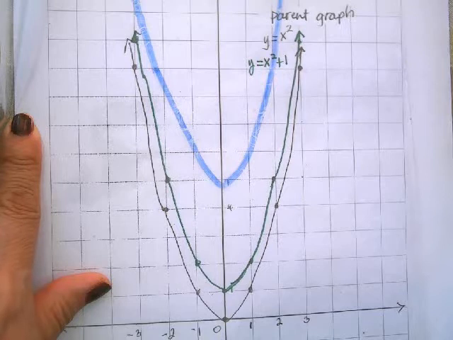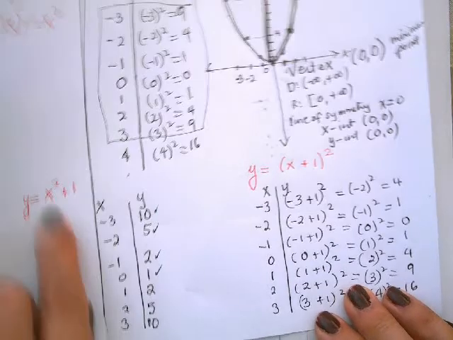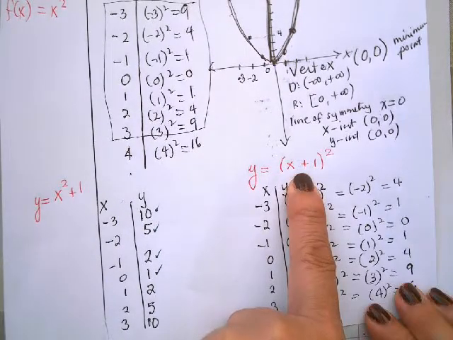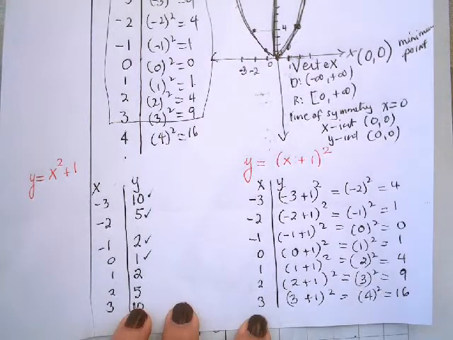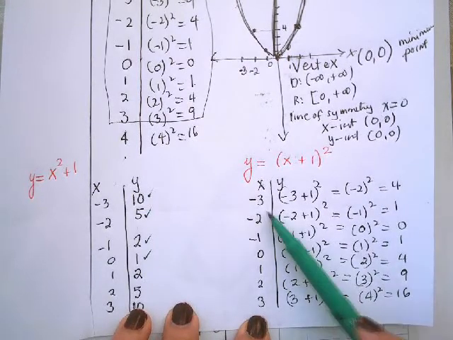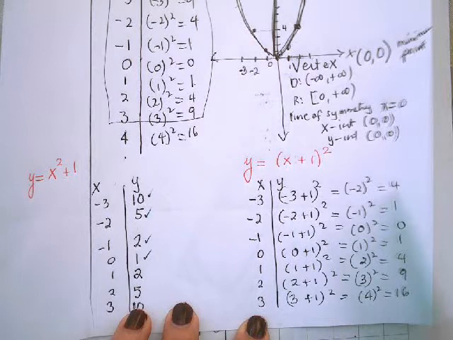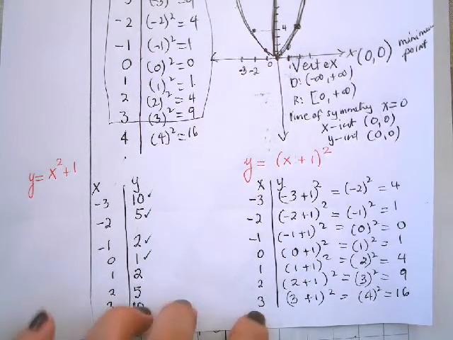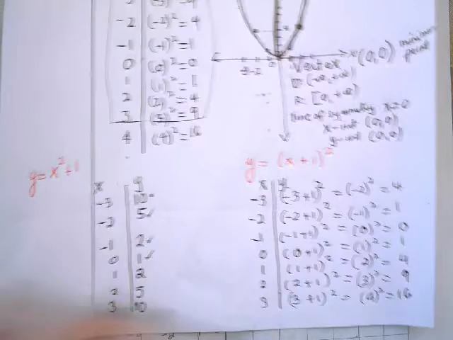So what if we add 1 not on the x squared, but on the x? I hope I filled up the table, and I hope you did too. So it will be negative 3, 4; negative 2, 1; negative 1, 0. I'm going to plot that. I'm going to use red.